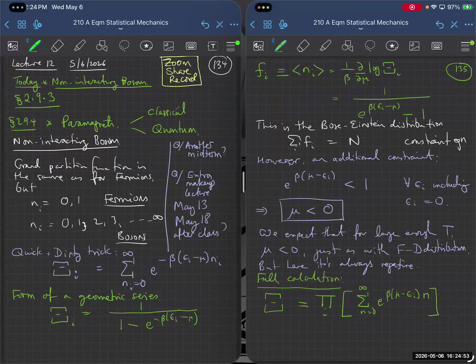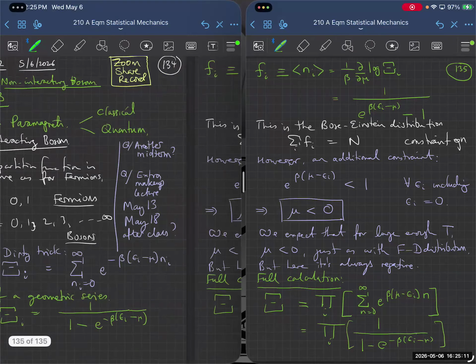And this then is equal to the product over states of 1 over 1 minus e to the minus beta epsilon I minus mu, like so.